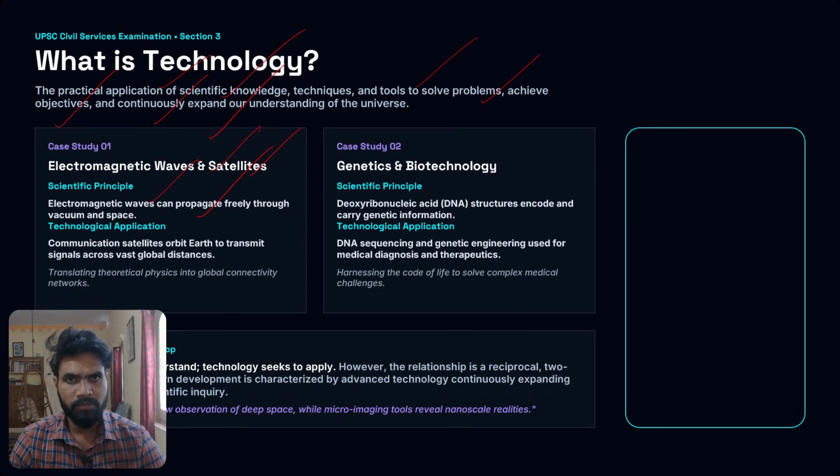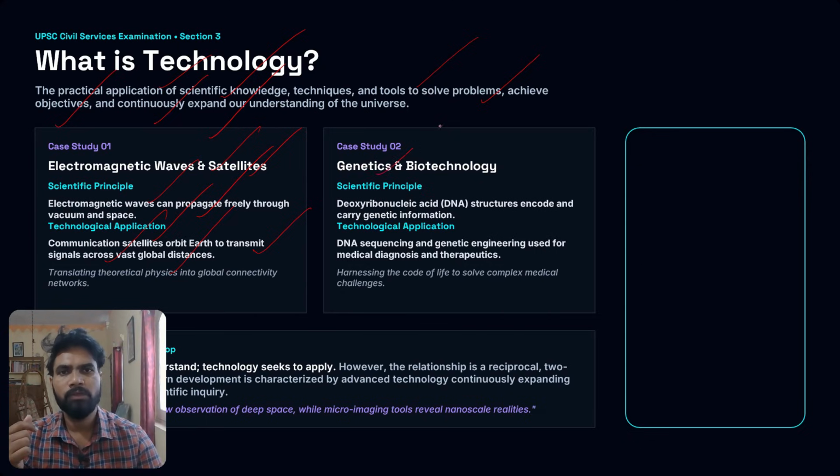And where we apply it is in communication satellites that we send into space; they orbit around the Earth to transmit signals across vast distances. They are transmitting information. This is how we apply the knowledge of electromagnetic waves for our benefit, through communication satellites.